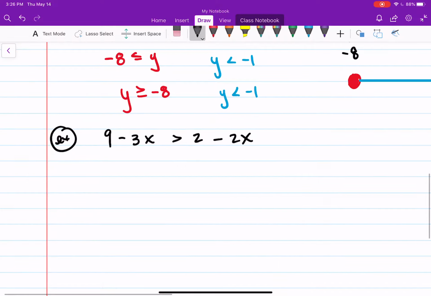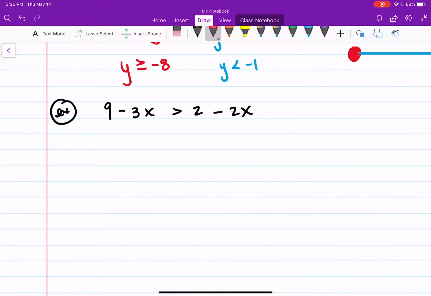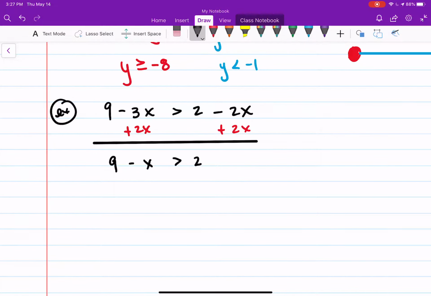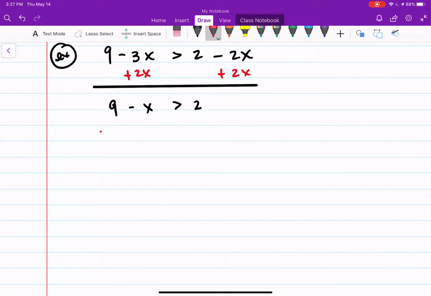So when I look at this, same idea. You want it on the left-hand side, so let's do the same thing. In other words, I want to add the 2x over. What happens? Well, I get 9 minus x is greater than 2. Then I've got to subtract the 9. Boom. There we go.